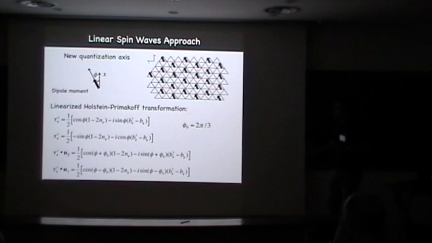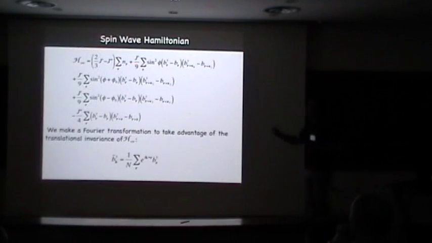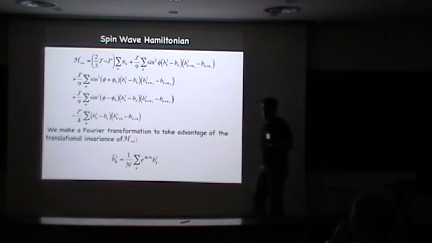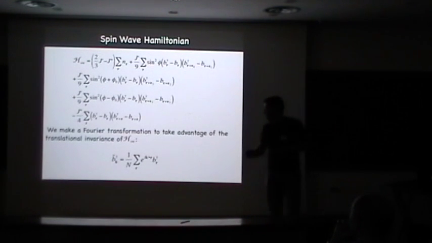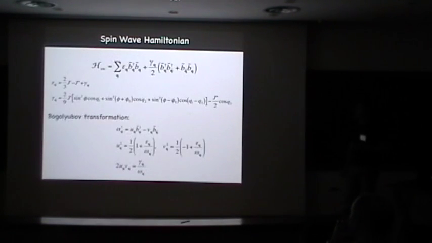So now the only thing you need to do is replace the operators by these expressions in the Hamiltonian, and you get the so-called spin wave Hamiltonian, which you can see is quadratic in the Holstein-Primakoff bosons. To diagonalize this Hamiltonian, you exploit the translational invariance of these systems. So it is convenient to introduce these new bosons in Fourier space and rewrite the Hamiltonian.